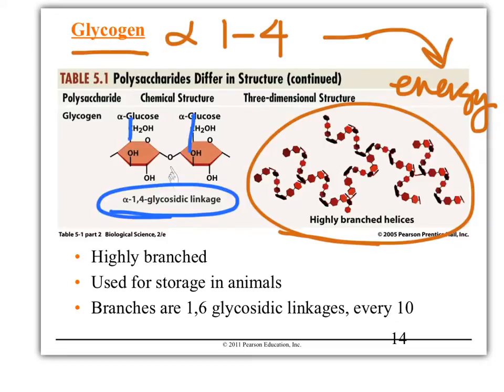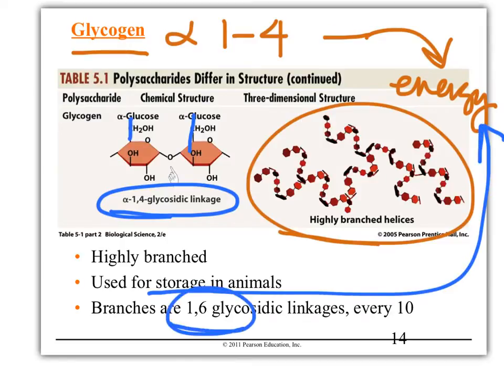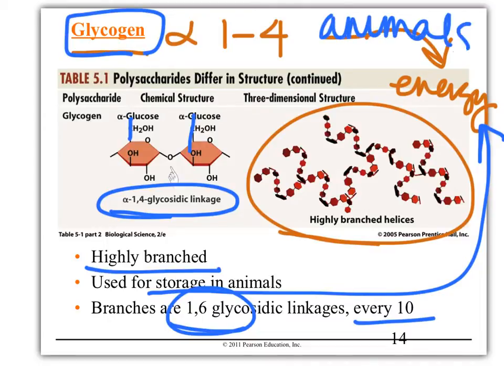Thumbs up, thumbs down. Storage of what? Energy. Branches again. 1,6 glycosidic linkages. So about every 10. So highly branched glycogen, animals, us, starch, plants, somewhat branched, lower branching. Alpha 1,4 is the important thing. We have enzymes that can break that.